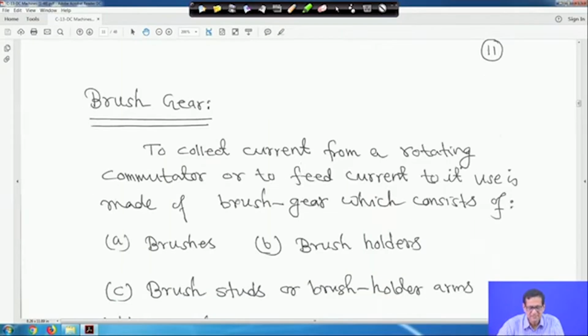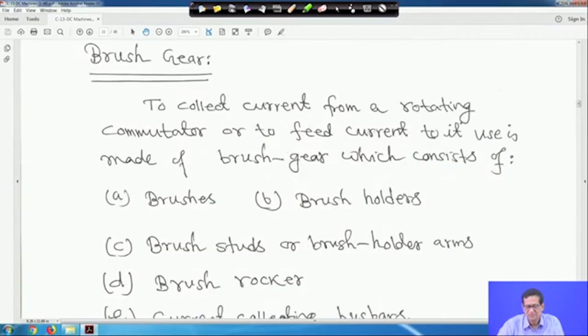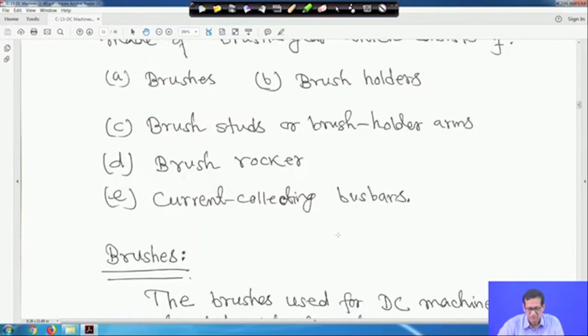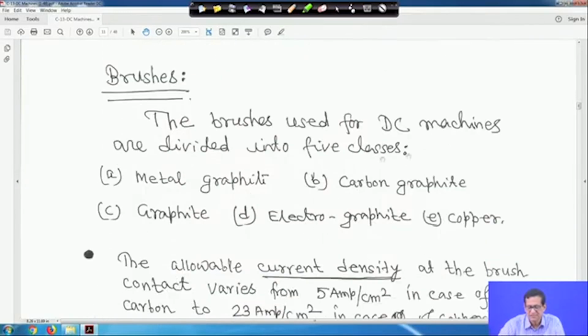Next is brush gear. To collect current from a rotating commutator or to feed current to it, use is made of brush gear, which consists of brushes, brush holders, brush studs or brush holder arms, brush rocker, and current collecting bus bars, right. The brushes used for DC machines are divided into 5 classes: metal graphite, carbon graphite, electrographite and copper, right.